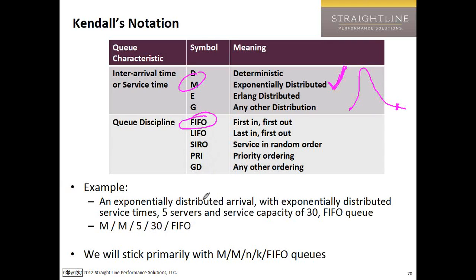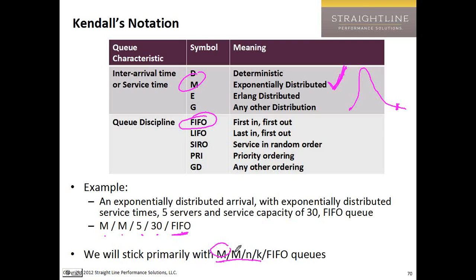So for example, an exponentially distributed arrival with exponentially distributed service times, 5 servers, a capacity of 30, and a first in, first out queue would be M/M/5/30/FIFO. Okay? We're going to stick in this case with M/M/s/K queues.